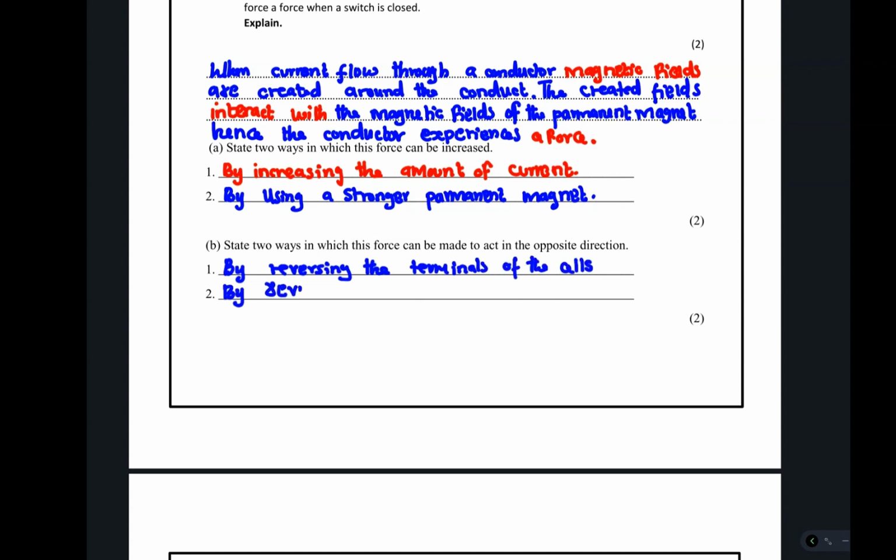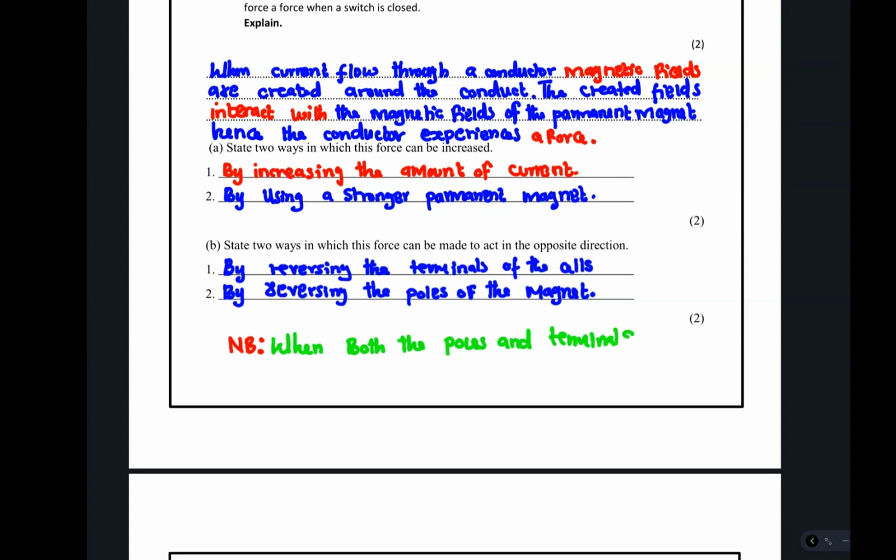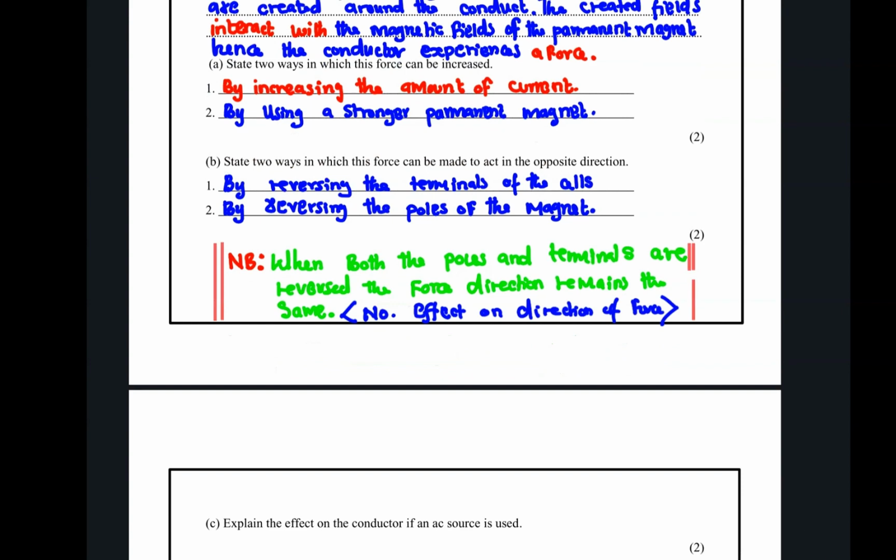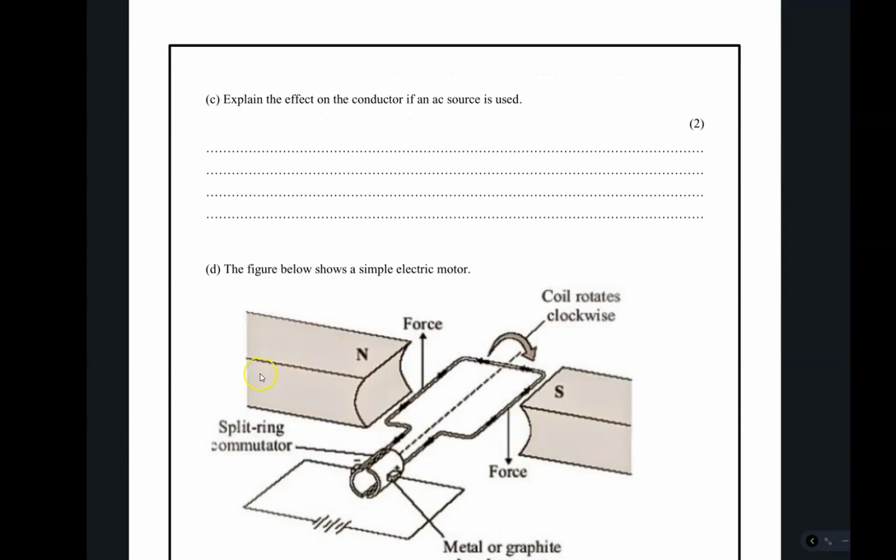So by reversing the terminals of the cells and by reversing the poles of the magnets, that will affect the direction in which the force is going to move. Also you need to remember, when both the poles and the terminals are reversed, there is no change in the motion.